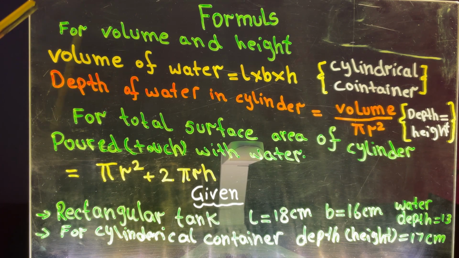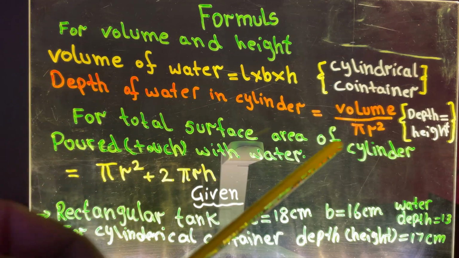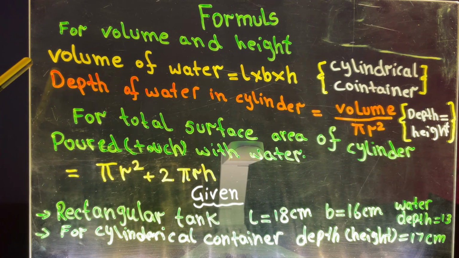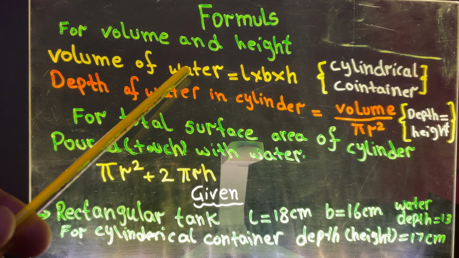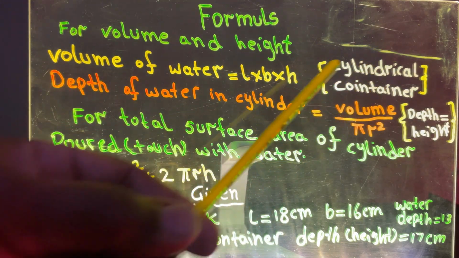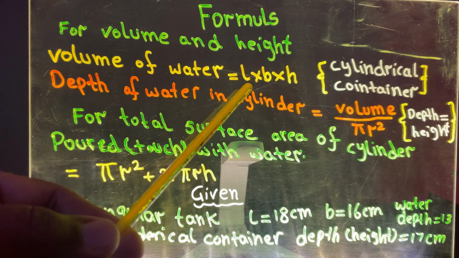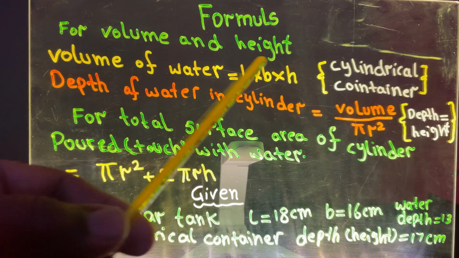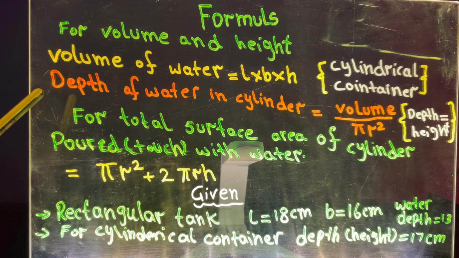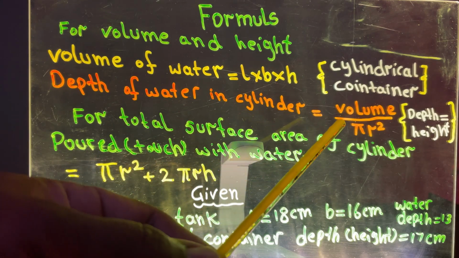The first one is for volume and height. I mentioned before, depth is equal to height. So the volume of water in the tank, for that we will use the formula length multiplied by breadth multiplied by height. These three sides will be multiplied. For the depth of water in the cylinder, we will use another formula.